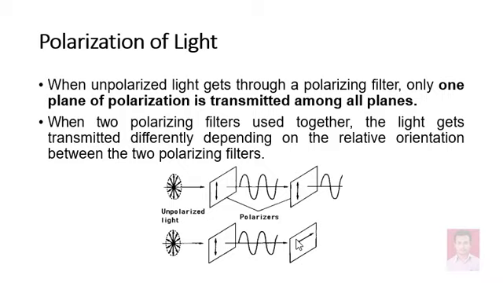Because of that 90-degree shift, this waveform will be completely blocked, and you will not see any light waves coming out of this filter. So this is what happens when unpolarized light passes through the polarizing filter, only one plane we want at the output, as shown here. Making use of this concept, LCD designing and LCD working takes place.